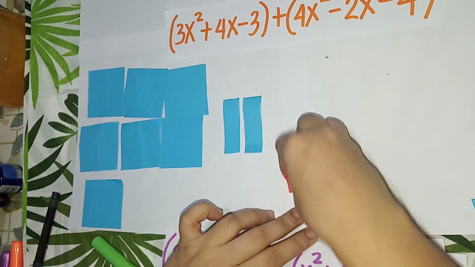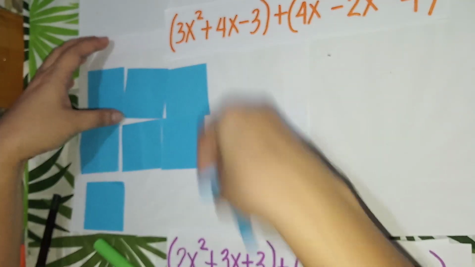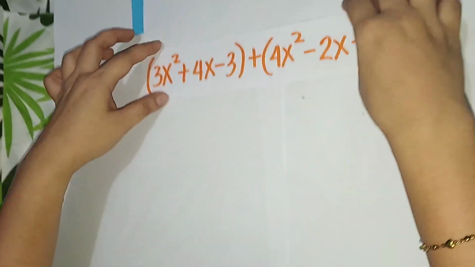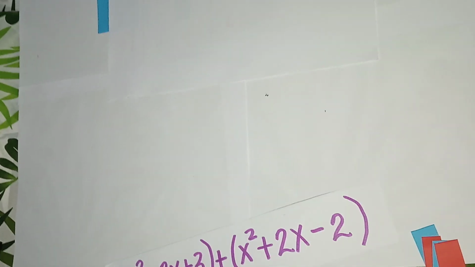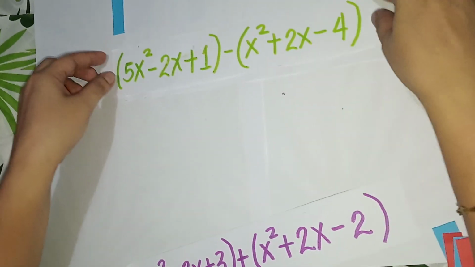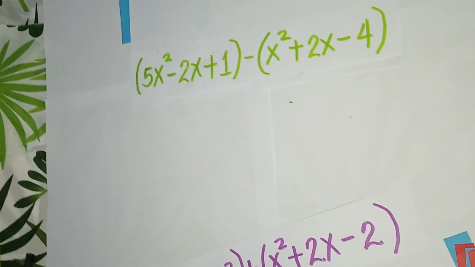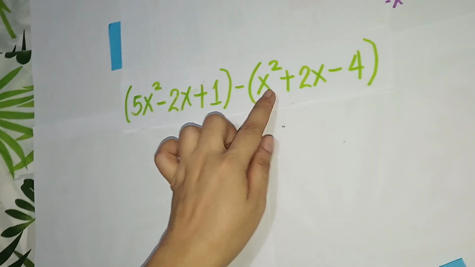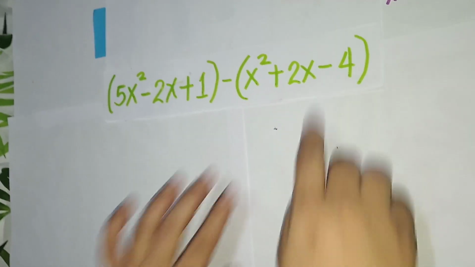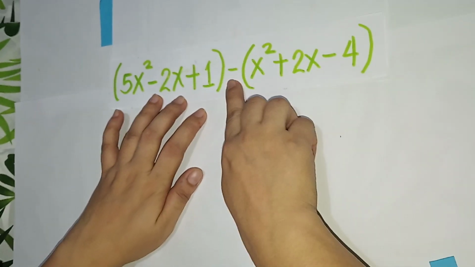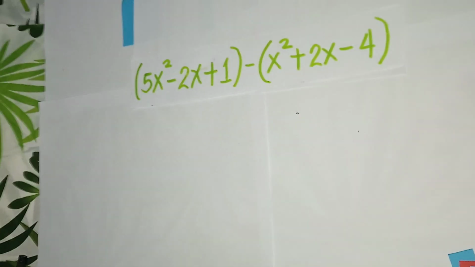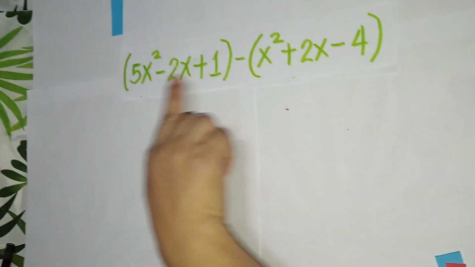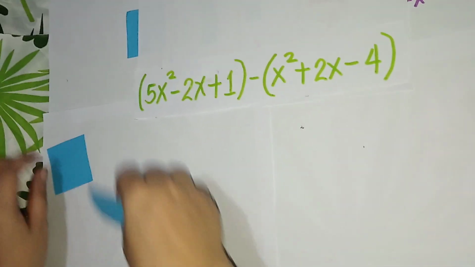Okay, let's now proceed to the third and last example. How about in subtracting? Let's now have this one: 5x squared minus 2x plus 1 minus x squared plus 2x minus 4. As you notice, in subtraction, remember that we need to change the sign of the subtrahend. But before that, let's represent first the first given.